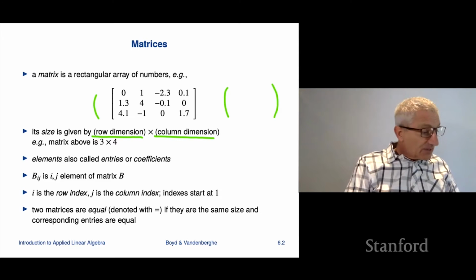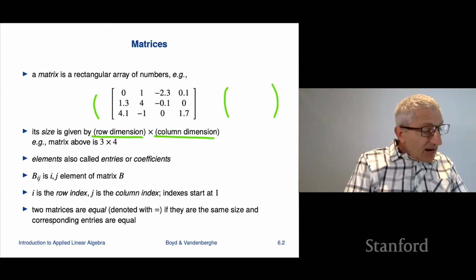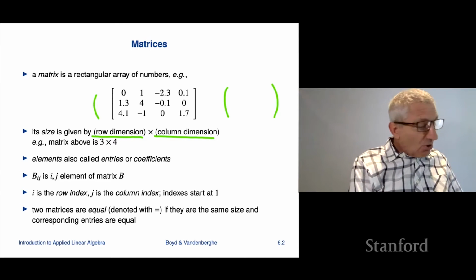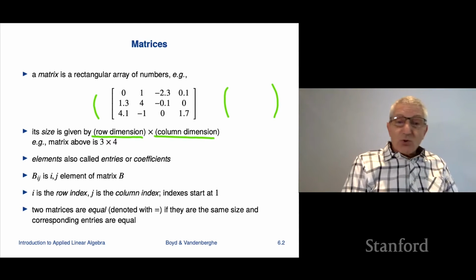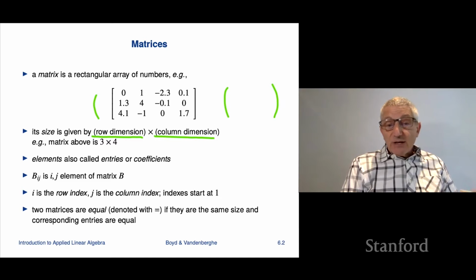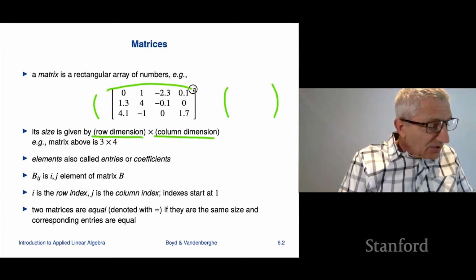It's a 3x4 matrix. Now the entries of a matrix are the numbers inside the array. These are called entries, coefficients, or elements of the matrix, right? And you refer to them by their row and column index. So the row index is 1 for the top row of numbers, it's 2 here, and it's 3 here.